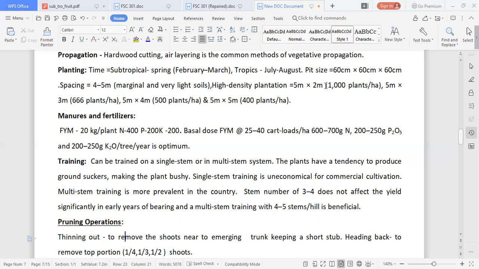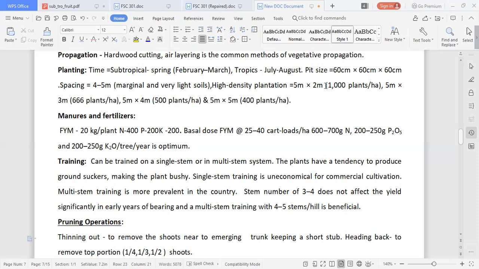Single stem training is uneconomical for commercial cultivation, because if you maintain a single stem, it will not give the bush type of shape, and there will not be much canopy on that particular tree or bush. The multi-stem training system is much more popular as well as prevalent in the country.